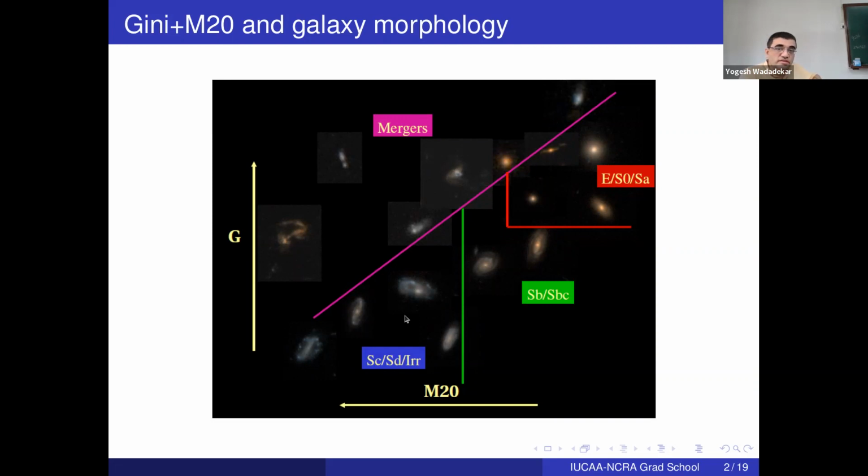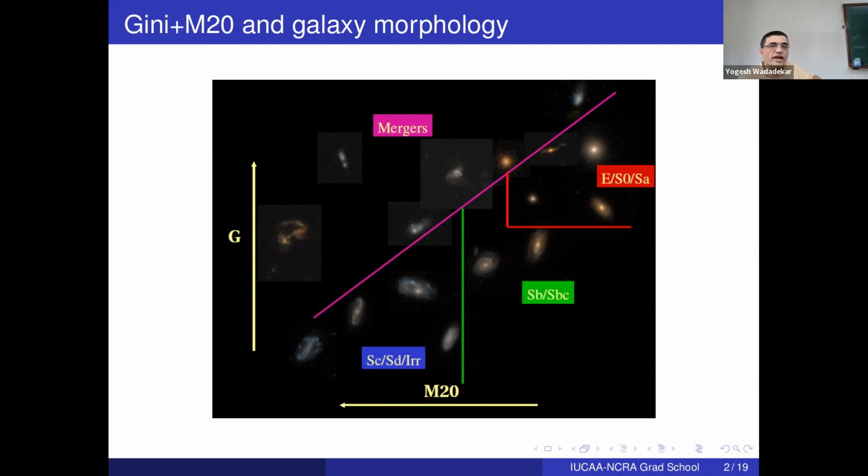If you go to these late type and irregular galaxies, they have a very high value of M20, as the star formation is happening everywhere in the galaxy. So you will have not at the center. In fact, it's not centrally concentrated at all in a regular galaxy. So they will have a high value of M20, but the Gini coefficient will be very low.